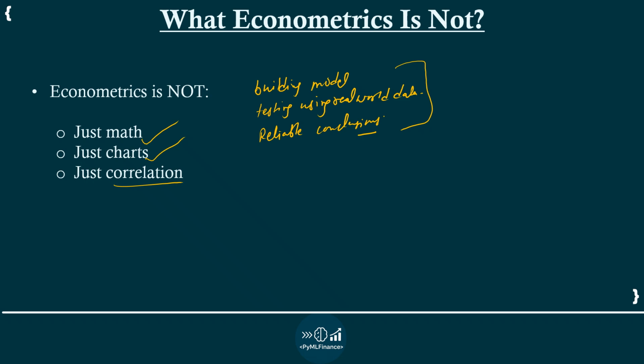Now, what econometrics exactly does, let me give you the full picture. If you are an econometrician, you first start with an idea, a question, or a problem statement. After this you start collecting data. Once data collection is done, you build models.